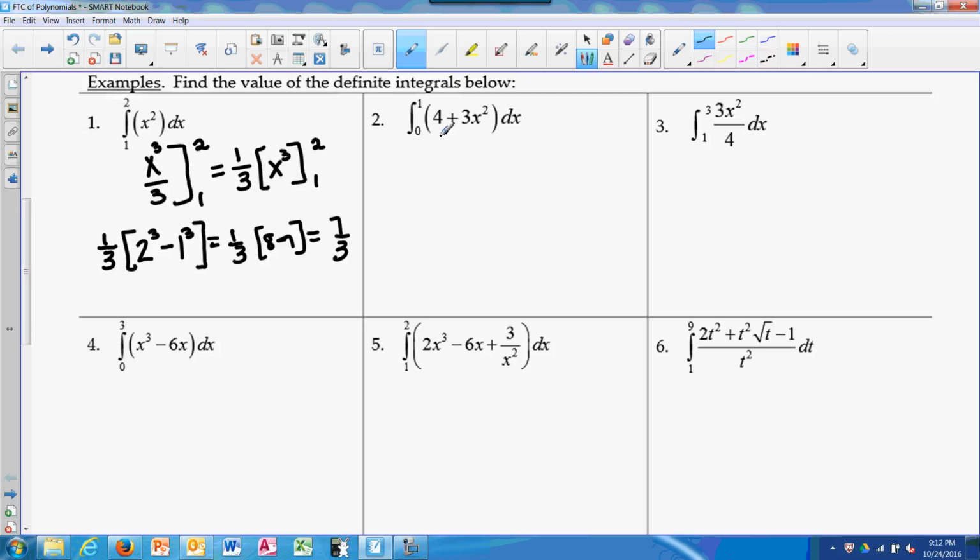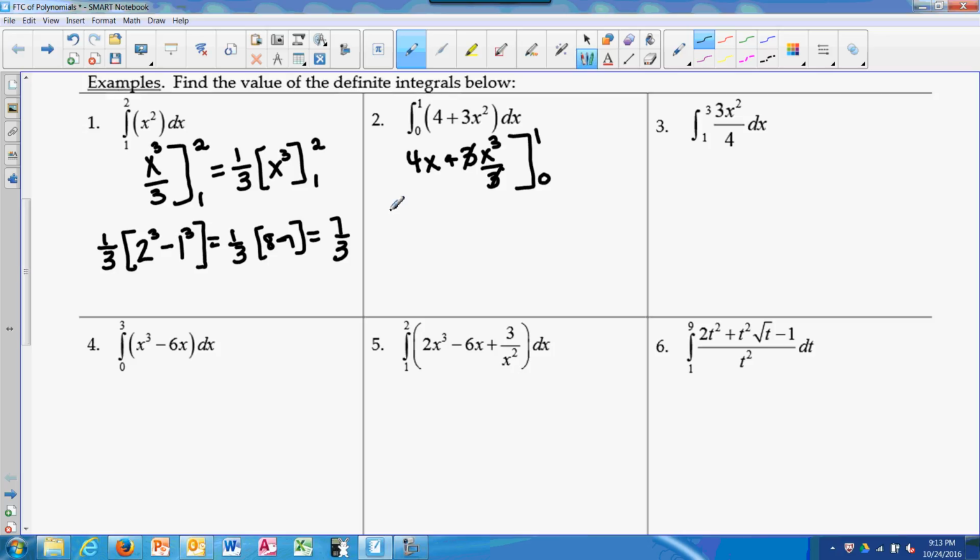Similarly, if I antiderive 4, since I have no x's, I really have 1x now, divided by 1. I'm going to hold the constant 3. I have x cubed divided by 3. And instead of the plus c, I'm going to indicate that I have a definite integral. So we can simplify.